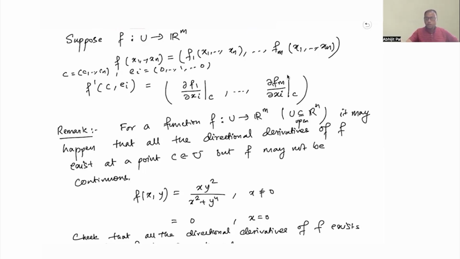Okay. So this notion of directional derivative is not the total derivative of f. So there should be something else. So now let me define what we mean by a differentiable function.